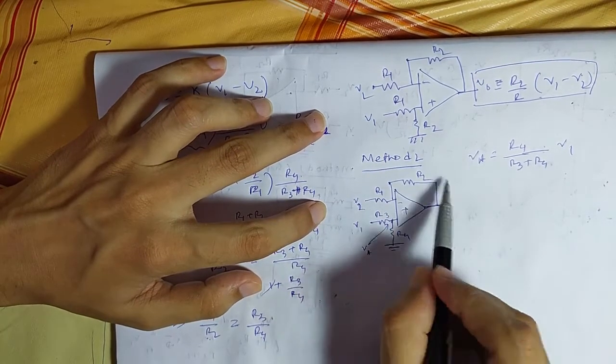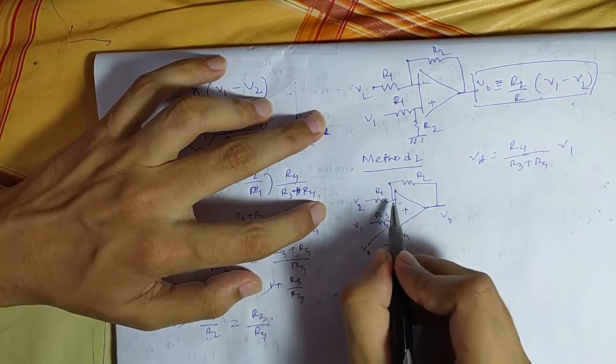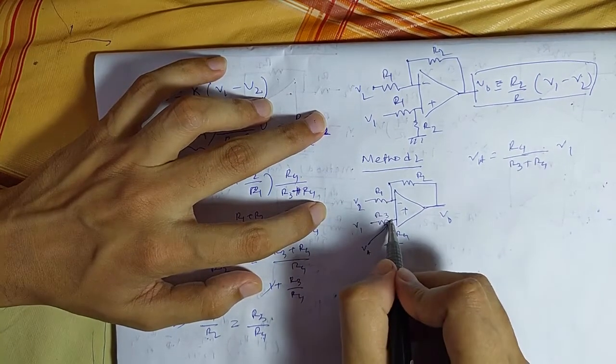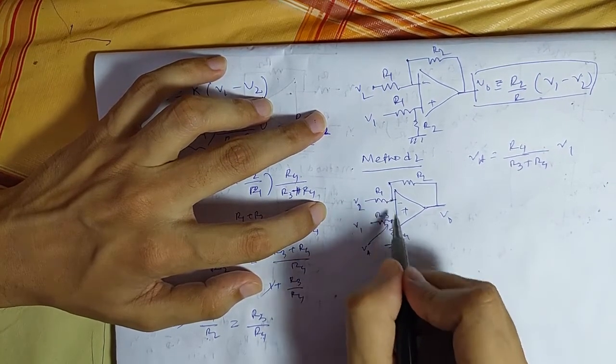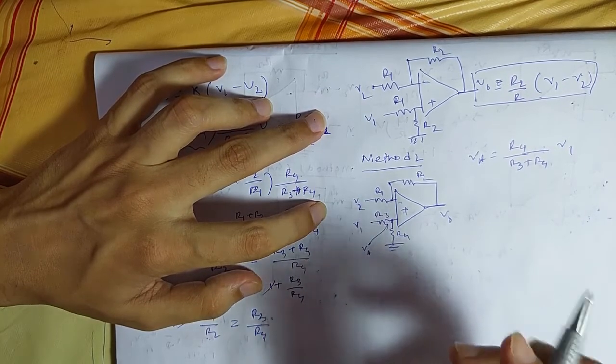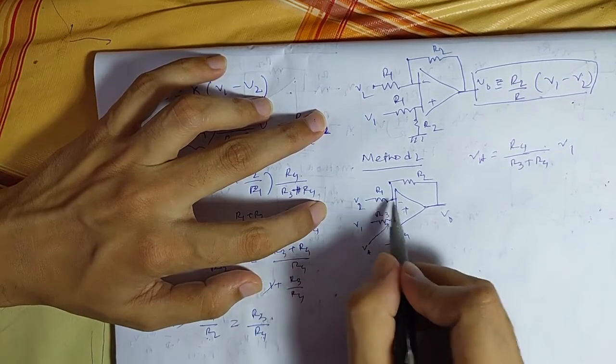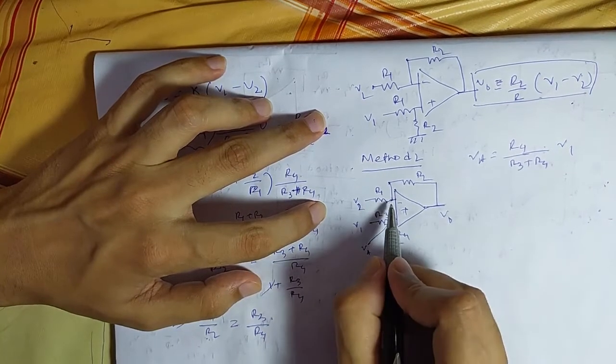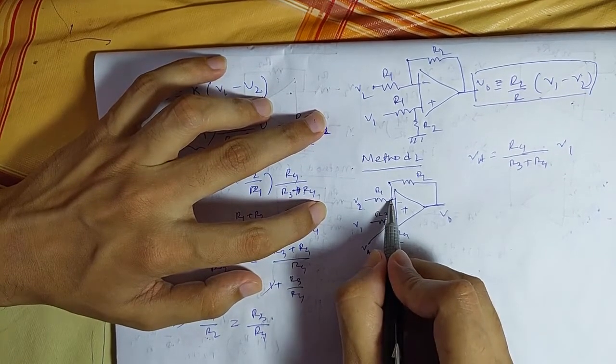Now from previous analyses, we know that this potential and that potential will be equal, because the op-amp will try to minimize this difference, and as a result this node potential will also be VA.